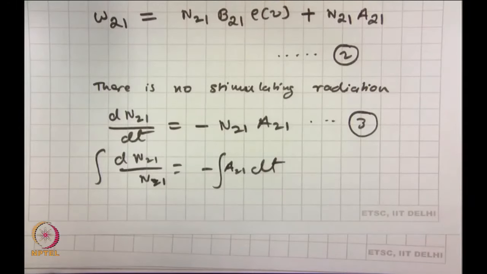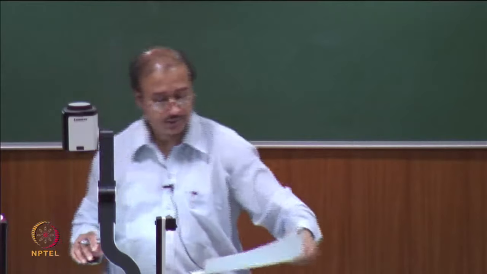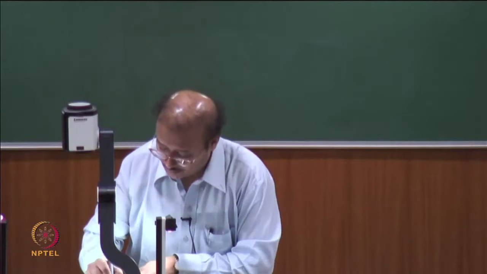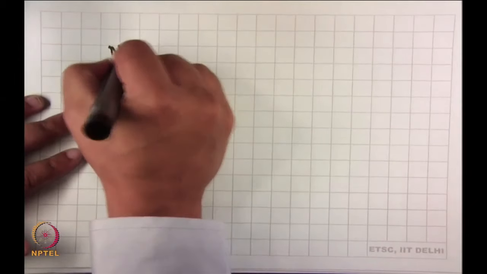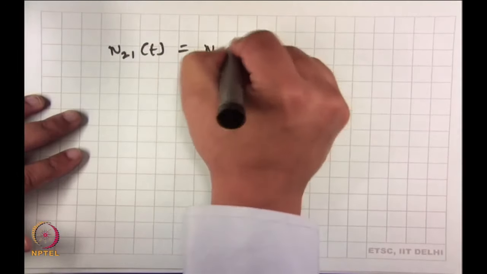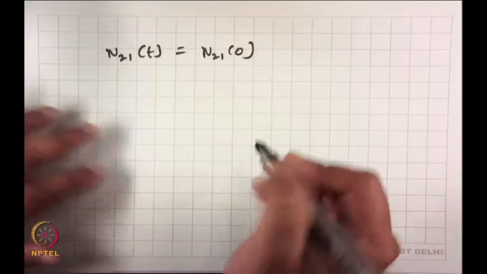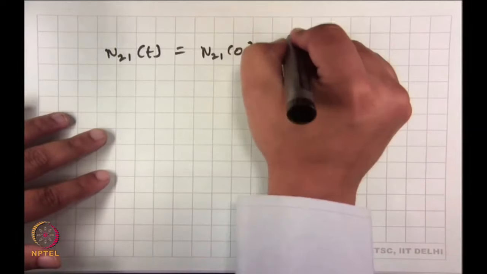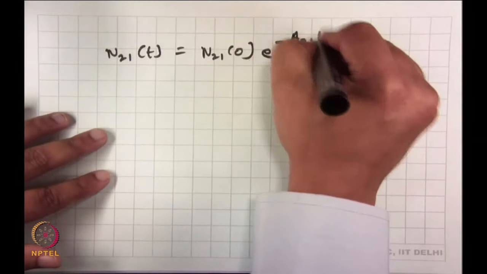So, this is essentially what type of process, isn't it, your characteristic first order process. Then you can write n2 of t is equal to n2 at 0, that means at 0 time, e to the power minus A21 times t.